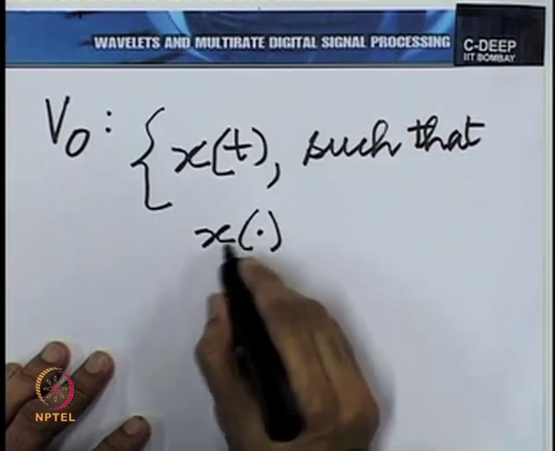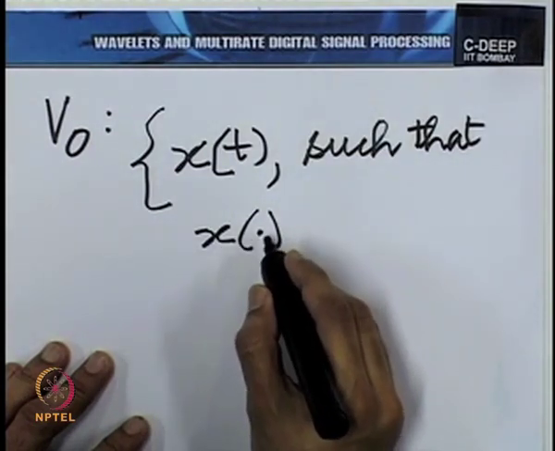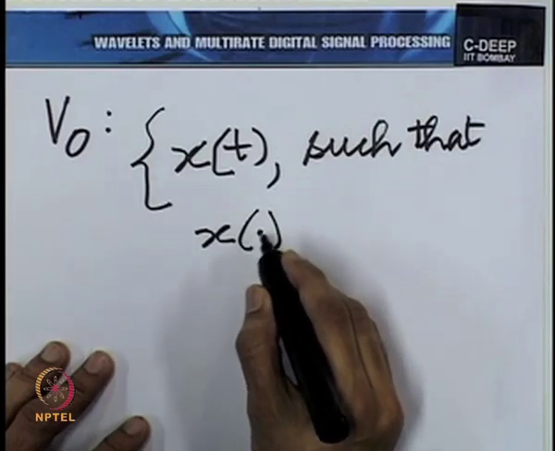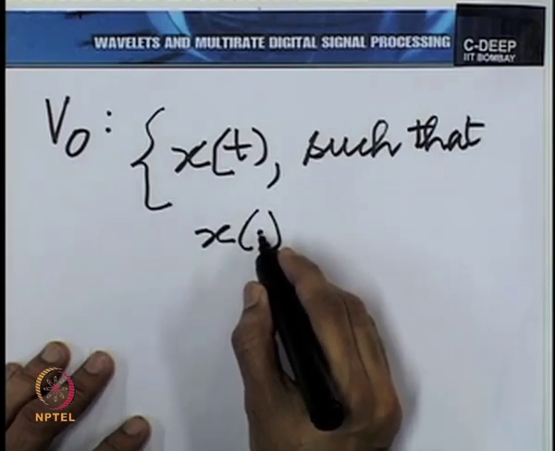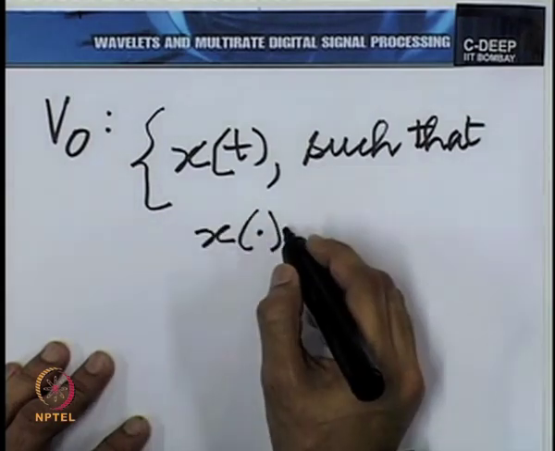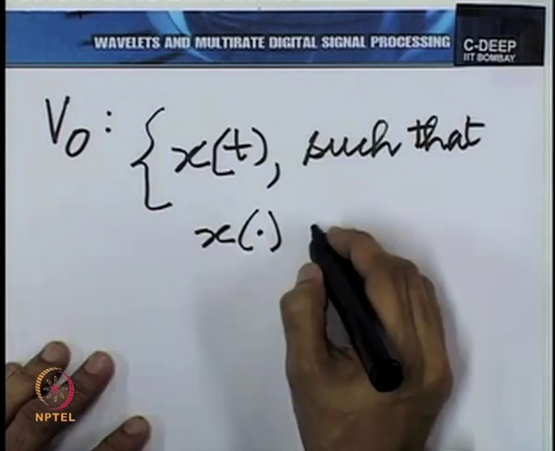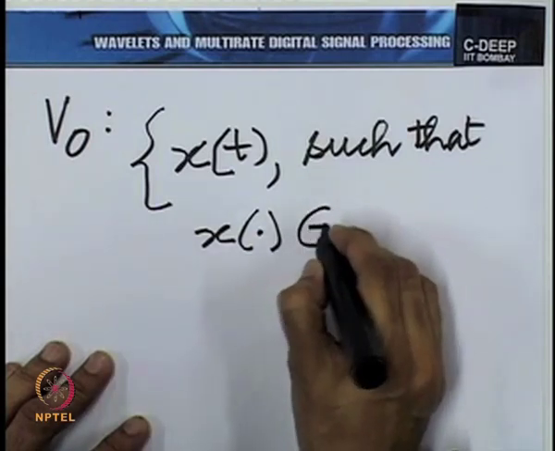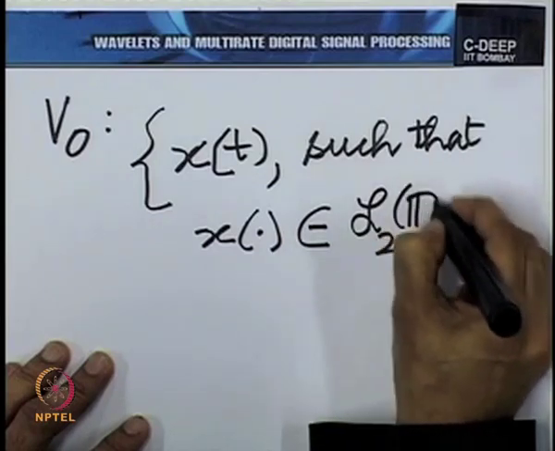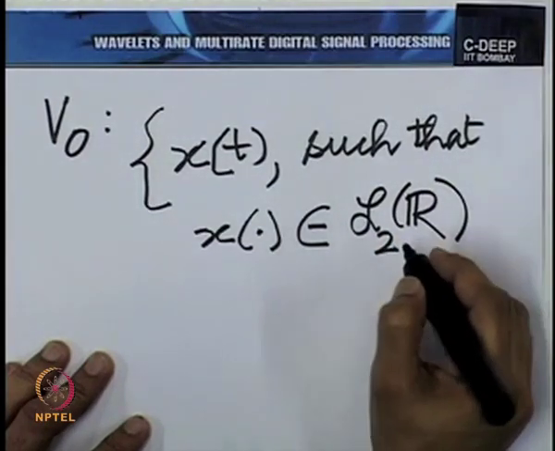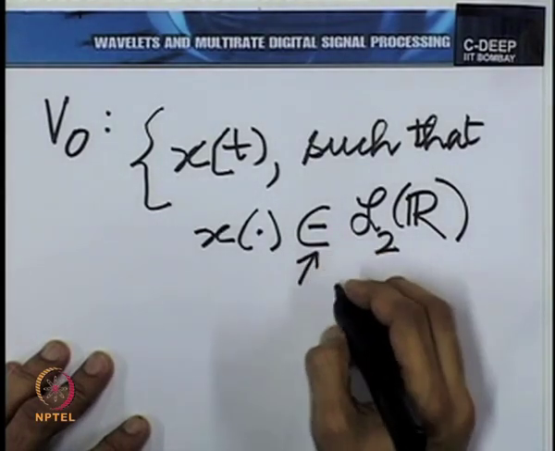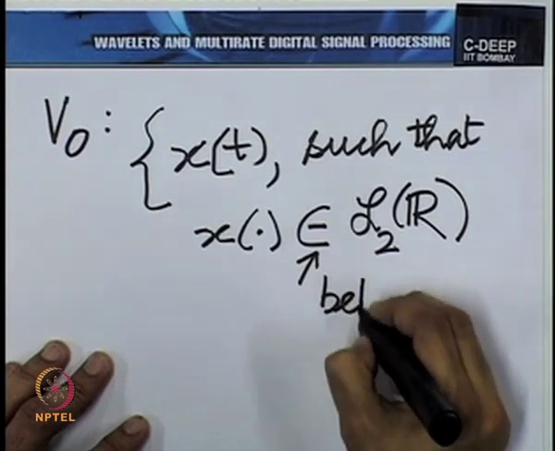So, when I write like this, I am suppressing the explicit value of the independent variable, but I recognize that there is an independent variable here, but I am treating the whole function as an object, and this object belongs to L 2 R. Recall that L 2 R is the space of all functions which are square integrable, and this stands for belongs to.